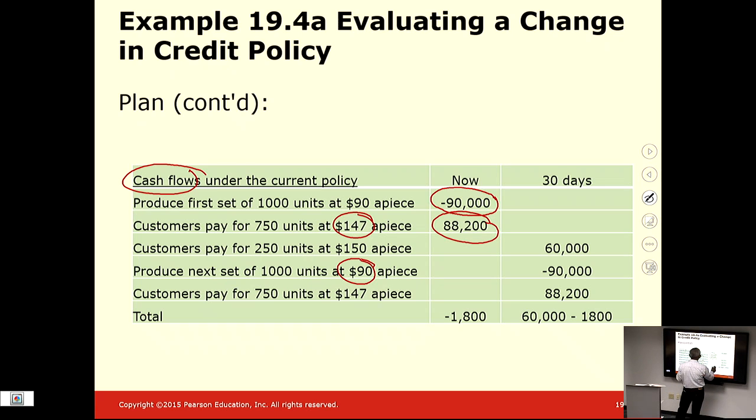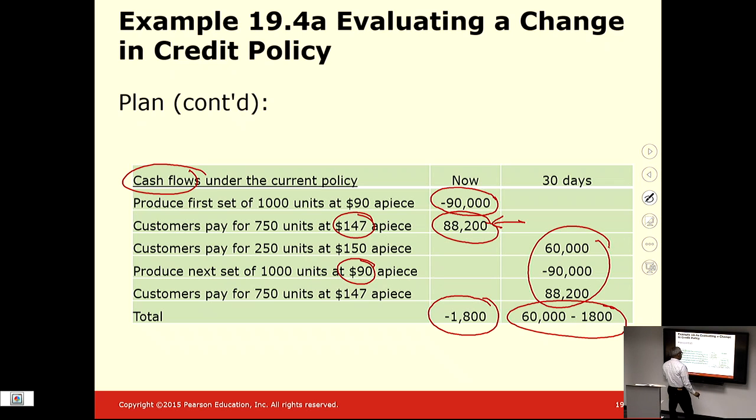So this gives us our cash flows now versus our cash flows 30 days from now because of the terms to trade. So these are customers who are taking advantage of the terms to trade, and these are customers who are not taking advantage of the terms to trade. So these two are not taking advantage of it. This is, of course, the cost to produce the good.